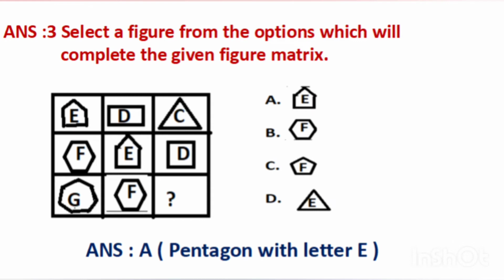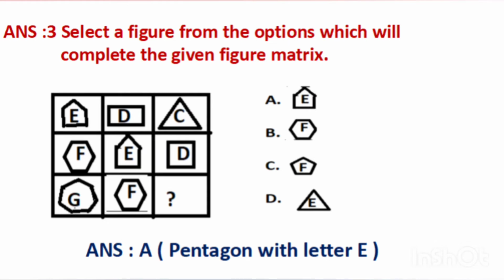Then the third row, first part has 7 sides, then 6 sides. So now you should have 5 sides. Now in the options you can see 5 sides in A and also in option C. Now coming to the second part, let's see the letters.